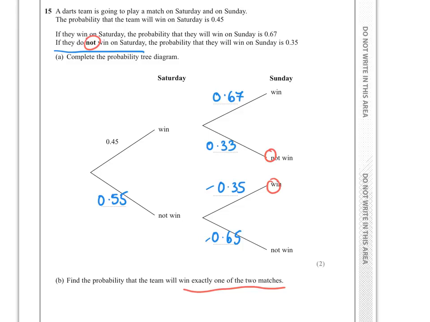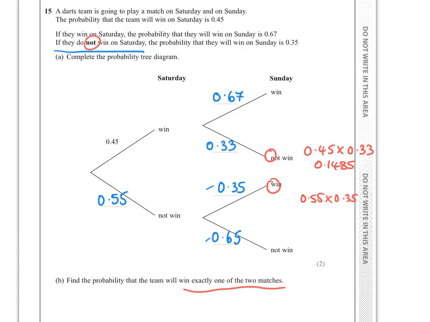Okay, so you've got to find those probabilities, and we do those on the calculator. So the first one is 0.45 multiplied by 0.33, and the next one is 0.55 multiplied by 0.35. So I'll do those now. So 0.45 times 0.33, that's 0.1485.